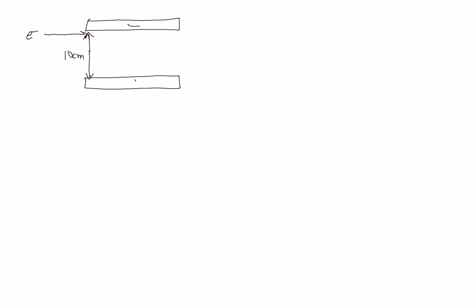Okay, one last type of question. So we've looked at an electron getting shot into plates. Now the next question is, what happens if the electron gets shot into the plates right at the top? Let's suppose we have a 10 centimeter distance between our plates, but this time our electron is going to get shot in right at the very top of the plate.